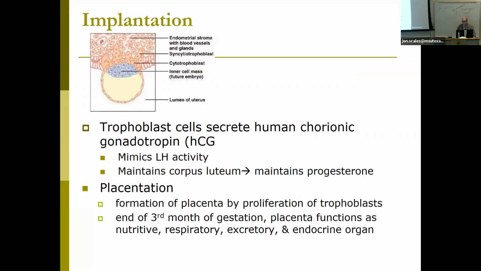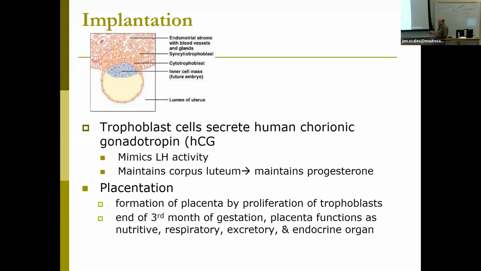All right, so one other thing that's happening, these syncytial trophoblasts and trophoblast cells begin cranking out a hormone that they make, chorionic gonadotropin, human chorionic gonadotropin, HCG, but you could just call it CG, chorionic gonadotropin. And it is going to basically reproduce the effects of progesterone.